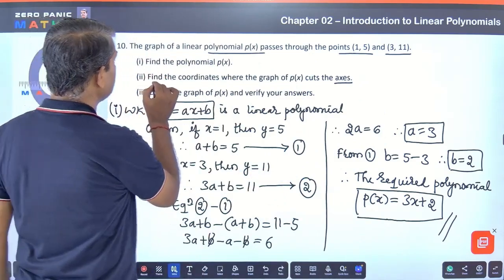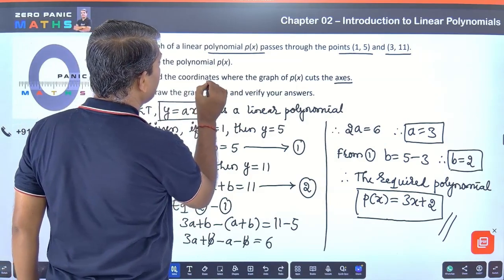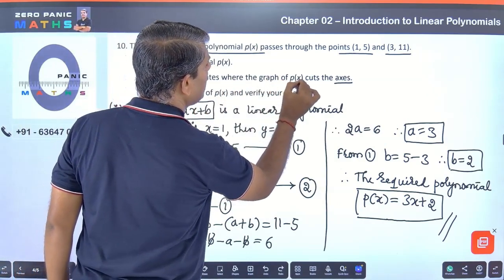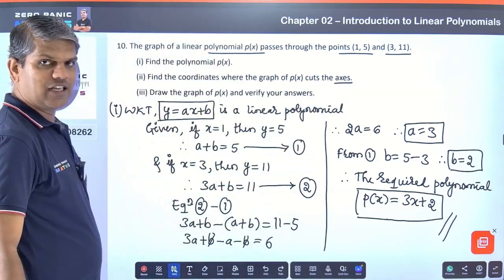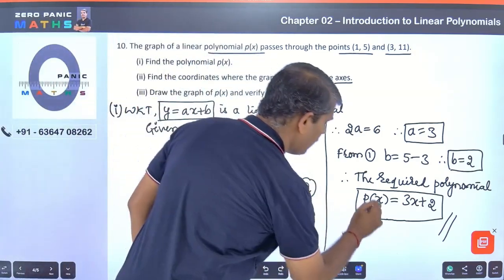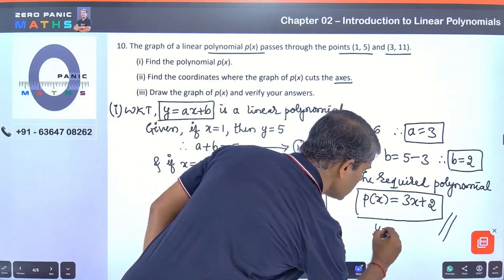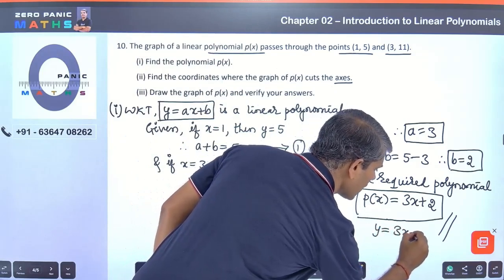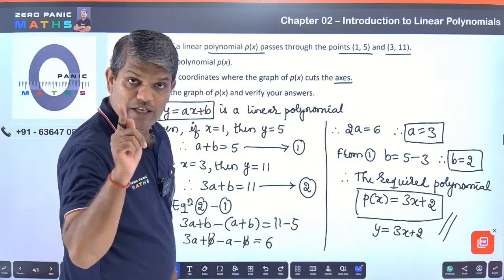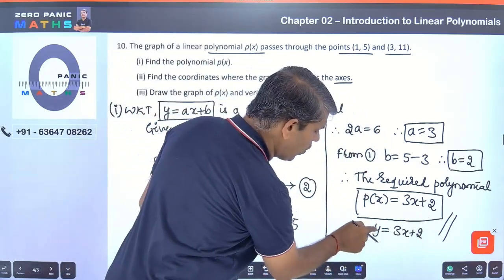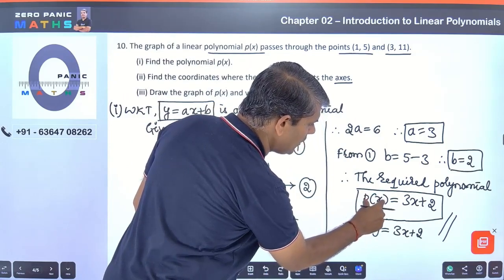The second part of this question will be, find the coordinates where the graph of p of x cuts the axis. Now suppose you consider this as y is equal to 3x plus 2. Now listen to me carefully. Here y is actually the polynomial p of x.